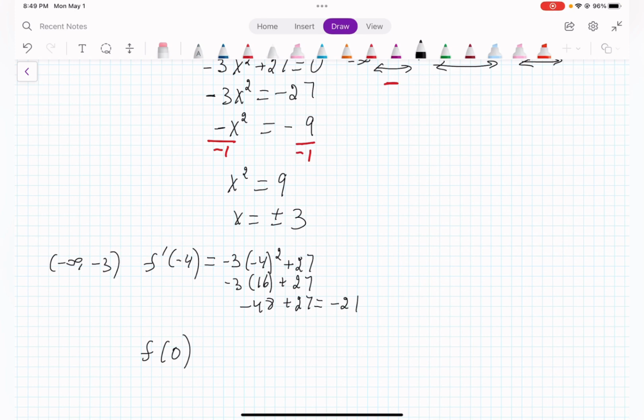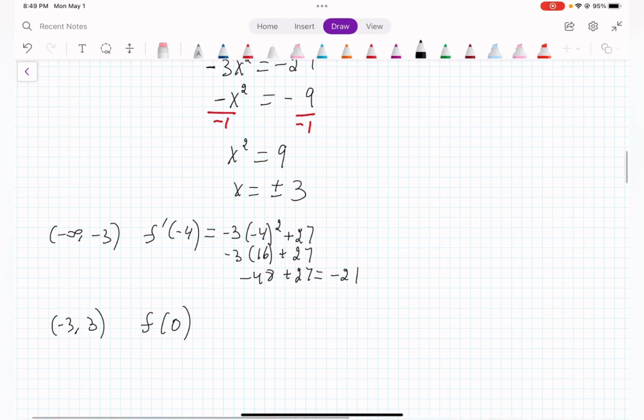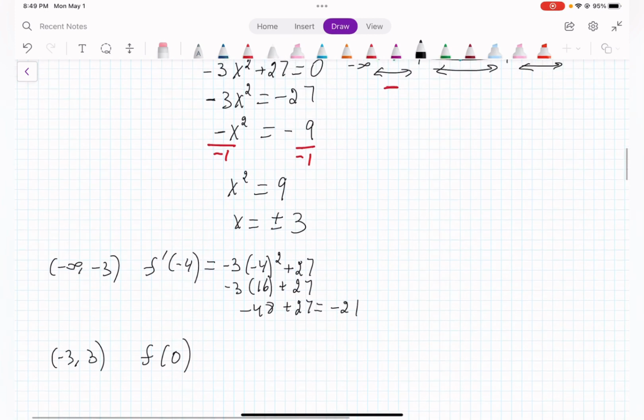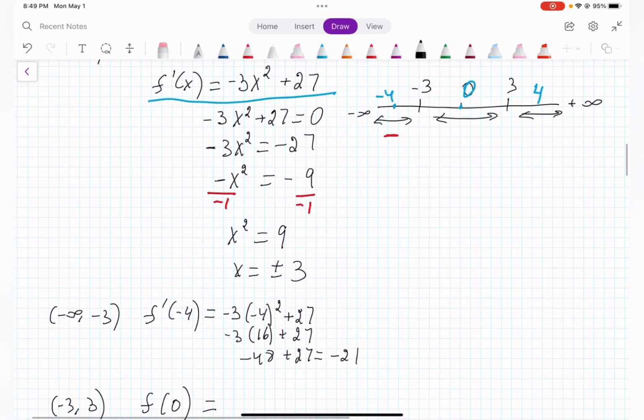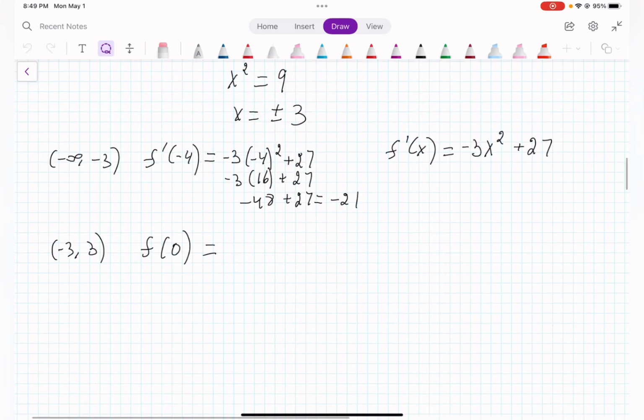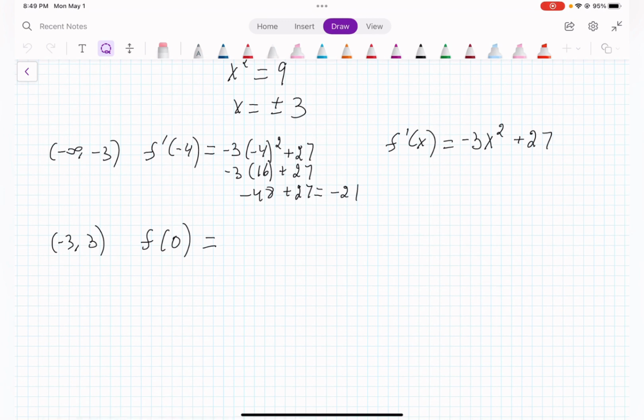Now I'm testing on interval -3, +3. So 0, I'm taking 0. F of 0 is equal, plugging -3 times 0 squared plus 27.